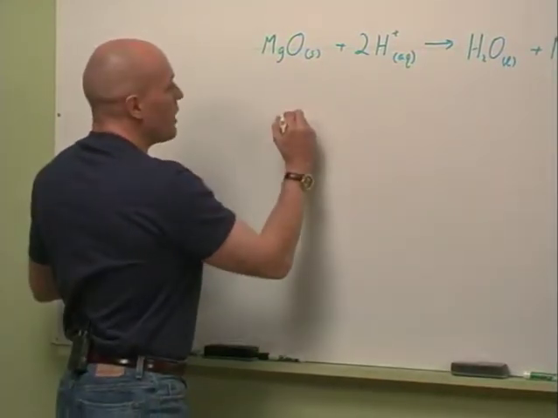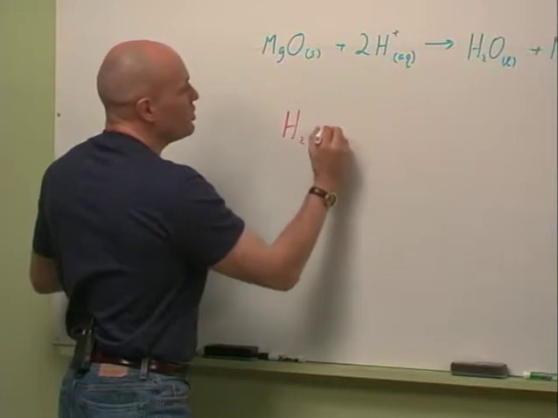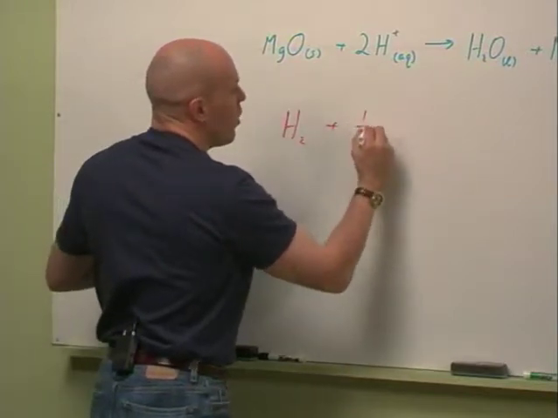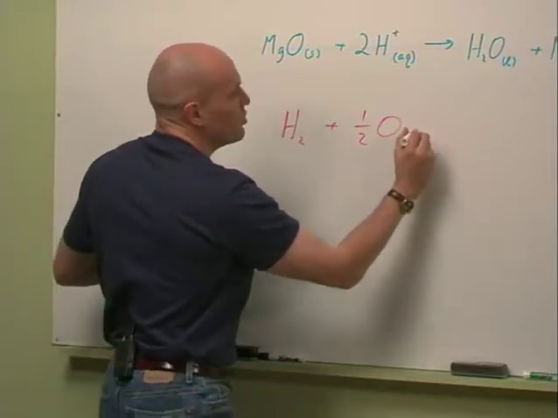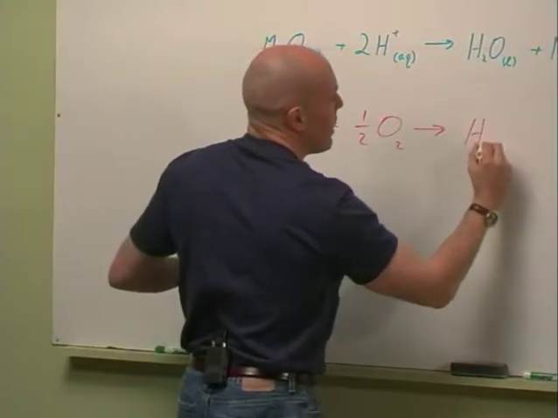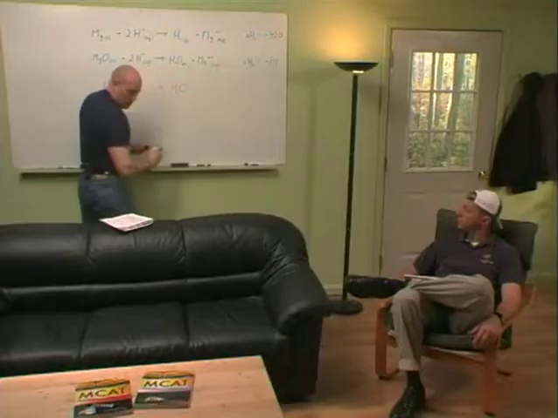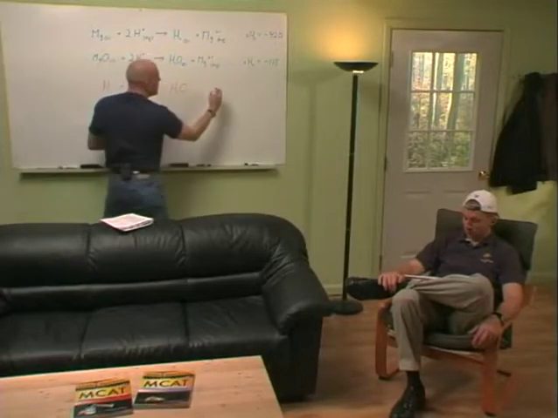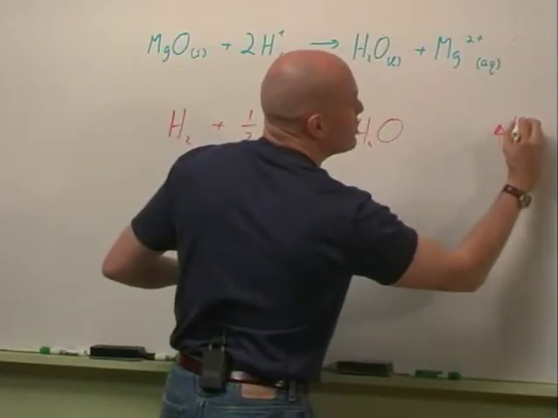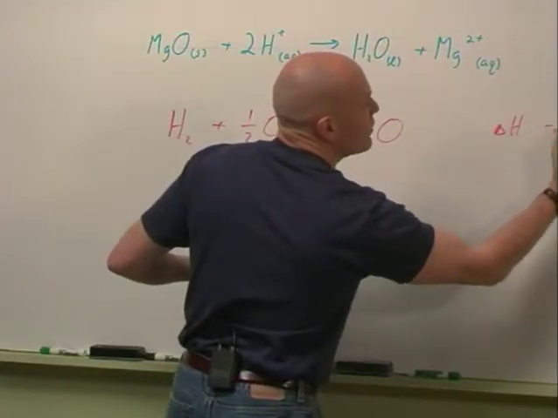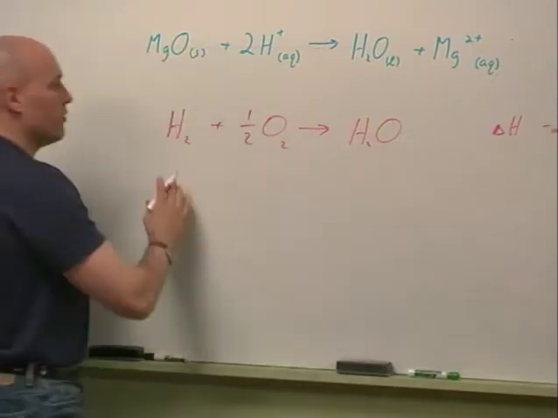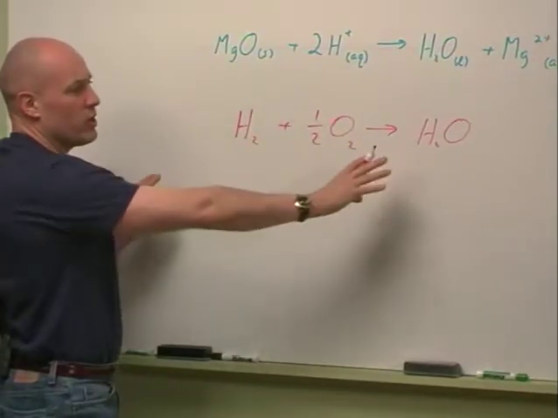So for water, we have H2 plus 1/2 O2 goes to H2O. And they told us the delta H is negative 285. That's my enthalpy of formation of water.